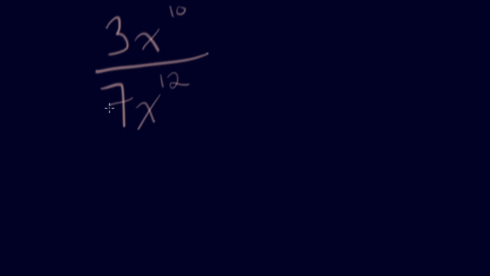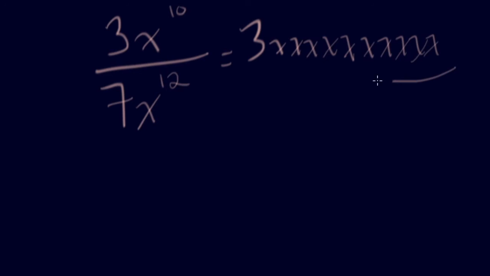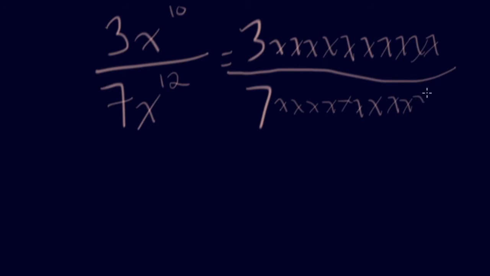Let's make it a 7. Okay. So let's say you saw this question. What this really means, if I wanted to write this out, this means 3x, x, x, x, 4, 5, 6, 7, 8, 9, 10. So that's 3 to the 10th over 7, and there's 12 of these. 1, 2, 3, 4, 5, 6, 7, 8, 9, 10, 11, and 12.